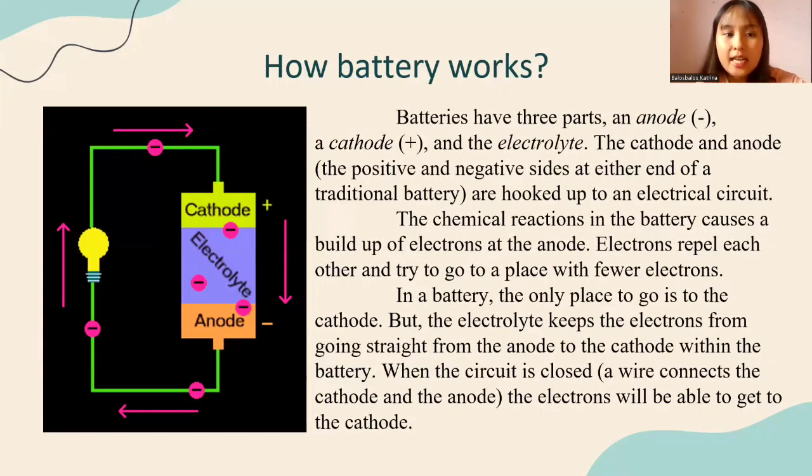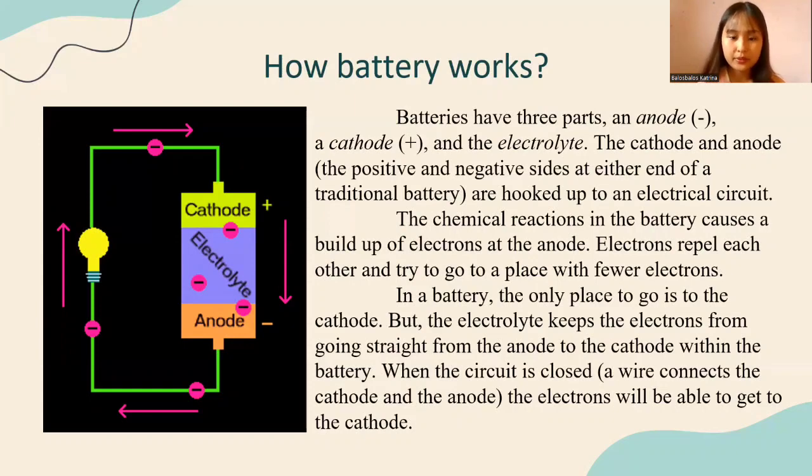Ngayon, pag isinara natin itong light bulb na ito yung switch, kumbaga, makakapunta na yung mga excess electrons sa anode dun sa may cathode. At kapag nangyari yon, makakapag-produce na ng electrical energy yung battery. Yun ay makakapagpagana sa isang appliances.